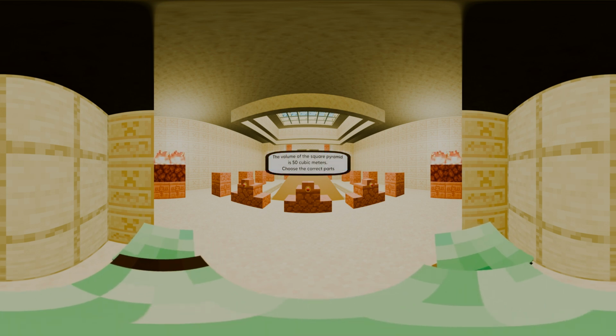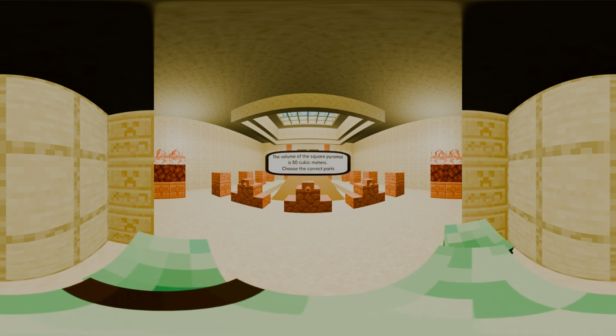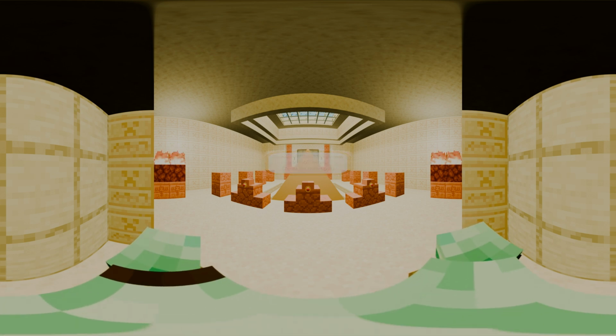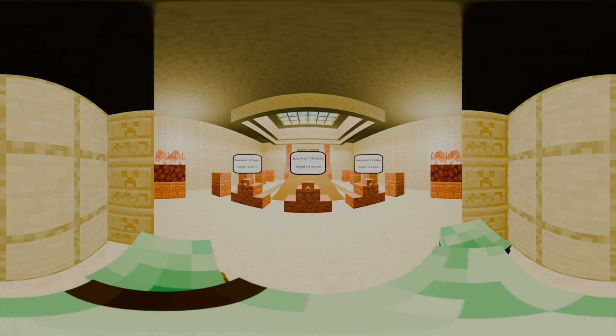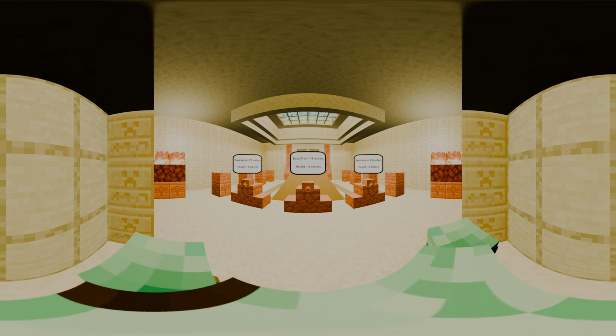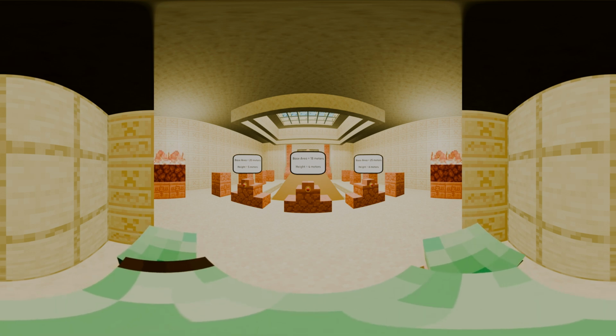So, the volume of the square pyramid is 50 cubic meters. I must solve every choice to find out which correct parts make the volume of the pyramid being 50 cubic meters.